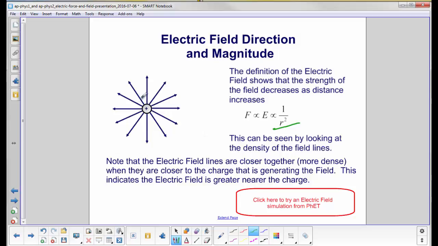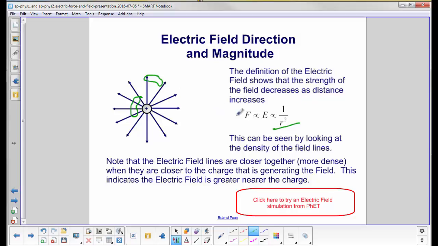For example, if I took a little shape like this, how many electric field lines are going through it? 1, 2, 3, 4. If I draw that same size shape out here, looking like a hot dog that's cooking, I have 1, maybe 2 lines going through it. So out here the field is weaker, in here the field is stronger.